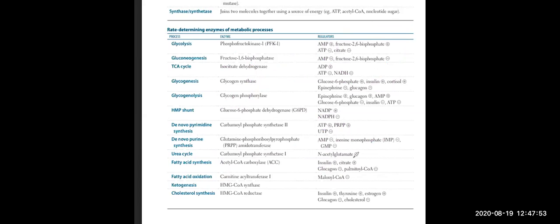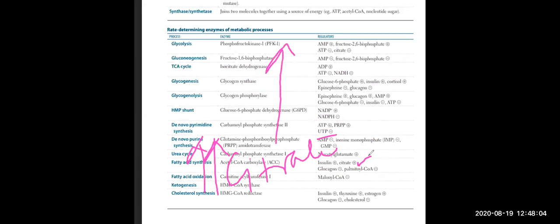Now you see citrate here, positive. So definitely the cycle was starting from citrate. When you already have citrate in high amount, the cycle will go towards fatty acid synthesis, okay.